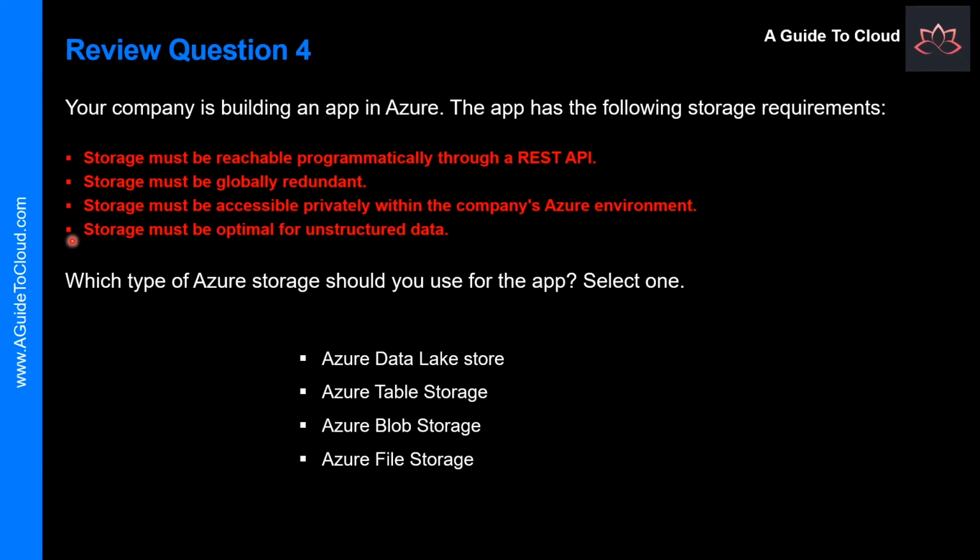And the last requirement is that storage must be optimal for unstructured data. Which type of Azure storage should you use for this app? You just need to select one. Based on these requirements, the correct answer is blob storage, because Azure Blob Storage is optimal for unstructured data and meets the requirements for the company's app.